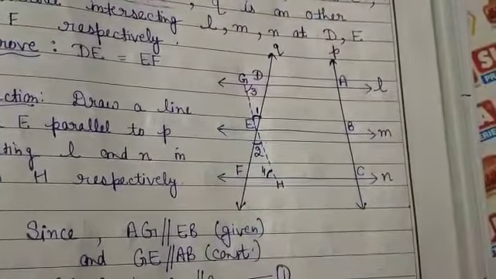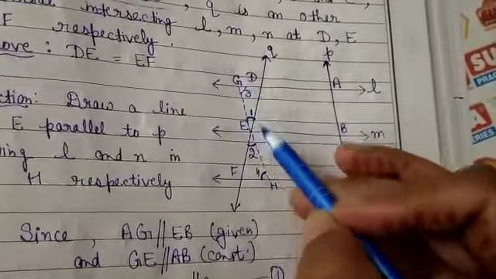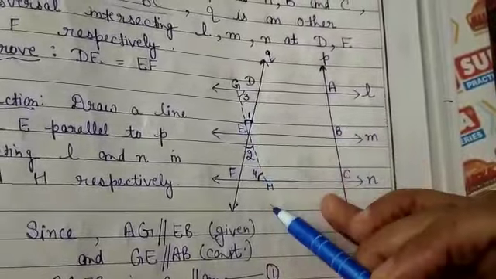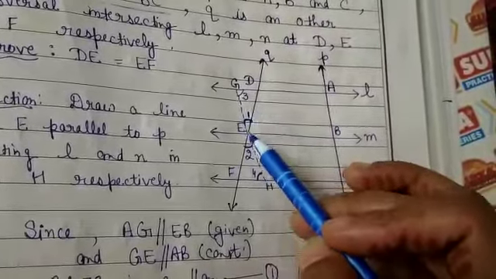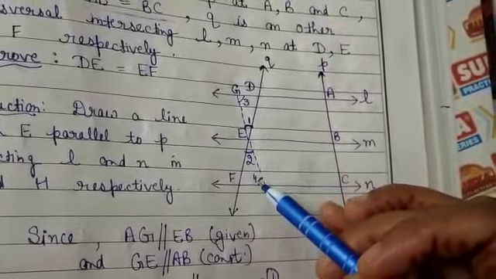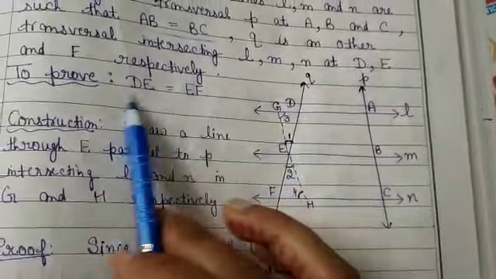And what about the third one? The third result we have proved now: GE equal to EH. In equation number 6 we have proved GE equal to EH. It means by angle side angle, these two triangles are congruent. When these two triangles are congruent, then by CPCT we get DE equal to EF, and that is what we had to prove.